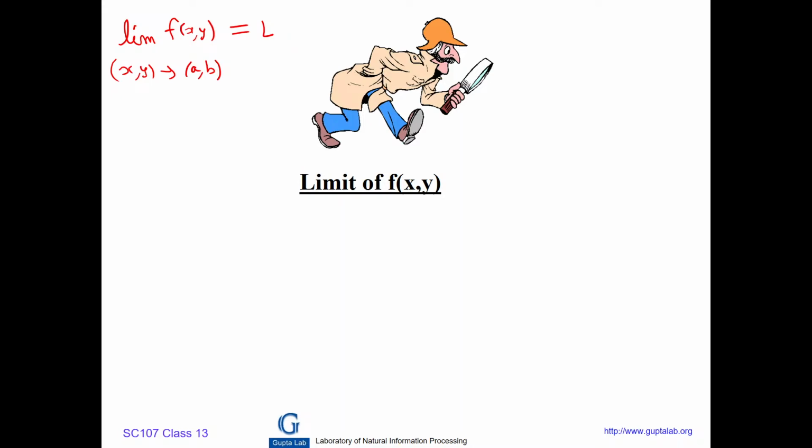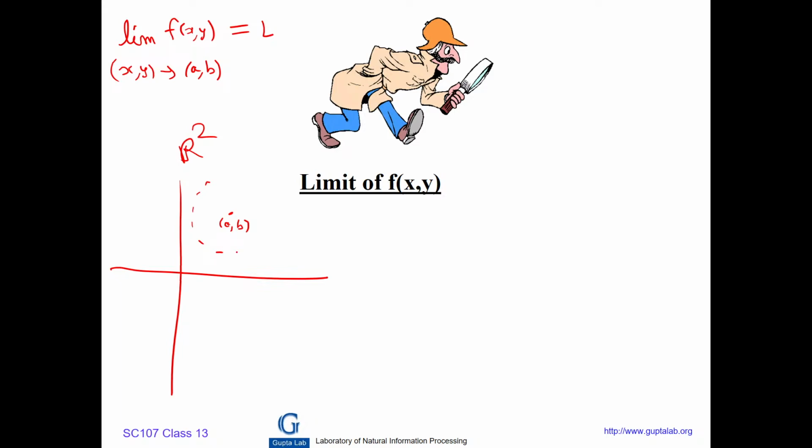So let me write down the definition now. So basically, this is R square. This is a point a comma b, and this is the neighborhood of a comma b.